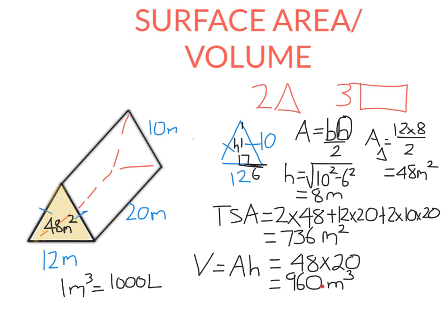So if the volume of this prism is 960 meters cubed, that means its capacity is 960 times 1,000. It would hold 960,000 liters of water.